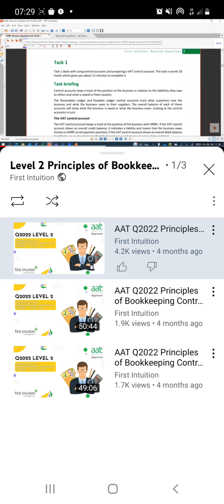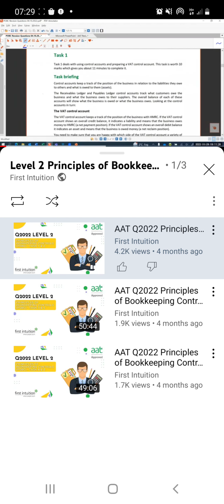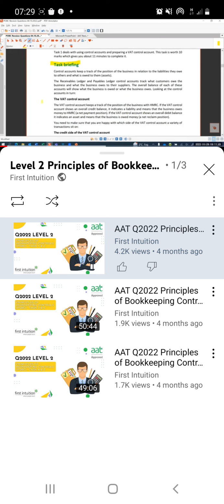Just going to mention in our pack of revision questions, this is page 5 here, before the questions for each task, we have something that we like to call a task briefing. And the task briefing takes me through some of the key knowledge that would be necessary to deal with task number 1 in the exam.